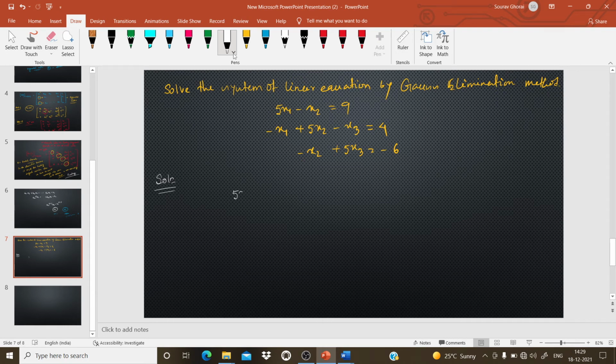So this is the given equation. Okay, so now we can write the given system as equivalent to this, I can write this equation like this.